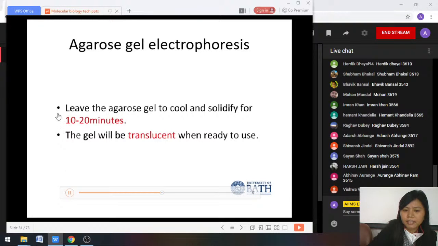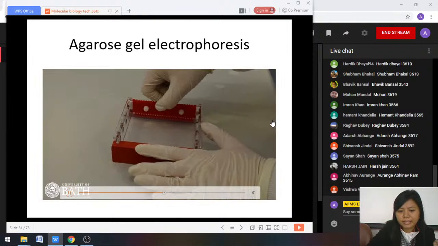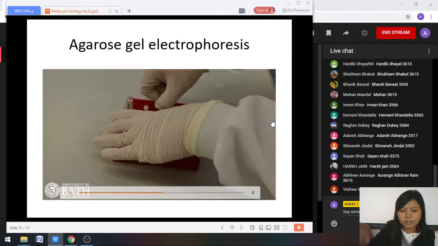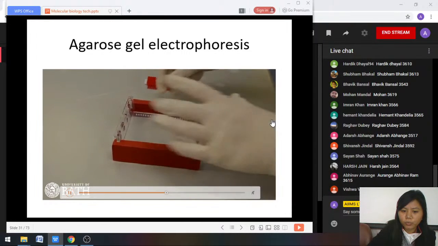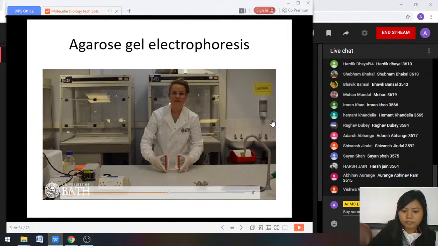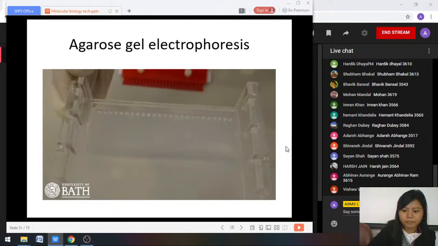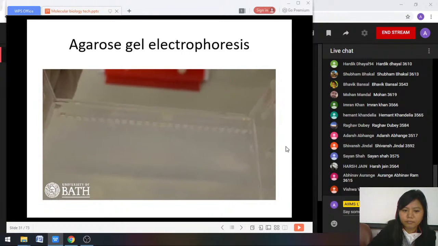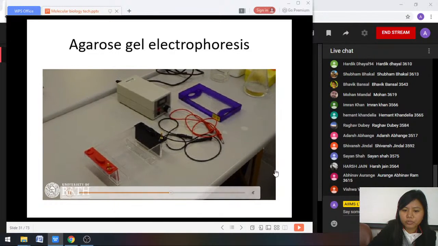So she has added it and allowed it to cool down completely, and you can see that the gel is clear, translucent in nature. After it is solidified, we are removing the comb and we can see the clear gel. So this is the setup which is ready.